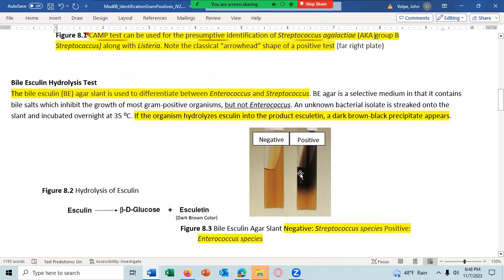So dark brown or blackish color is positive for the bile-esculin. And Enterococcus species are positive for bile-esculin. Streptococcus species are negative.